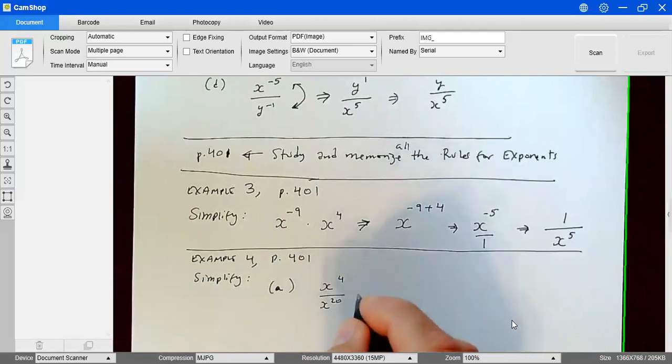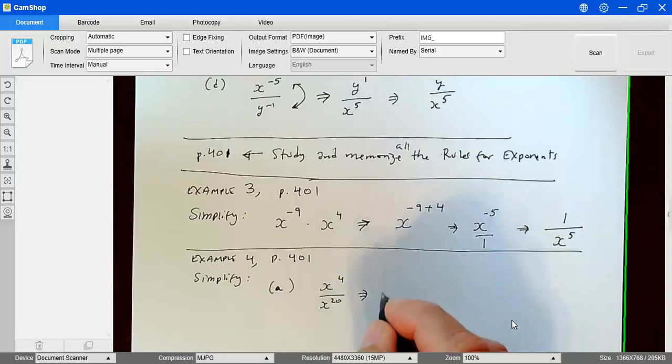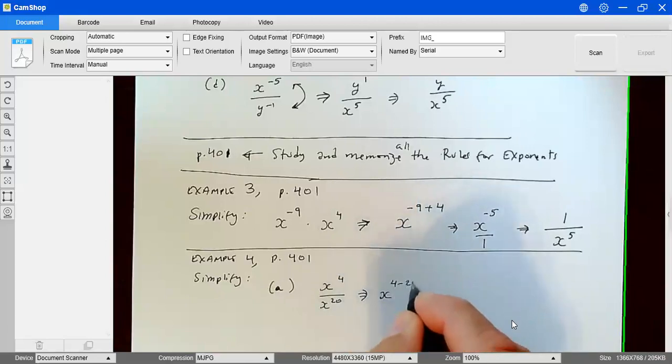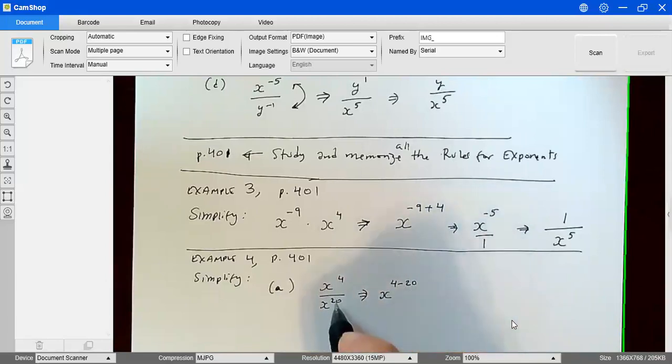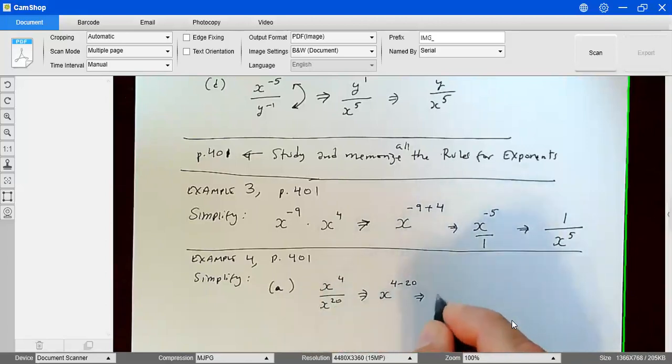So we know the rule when we have a fraction or quotient. So we're going to write x to the 4 minus 20. So we subtract the exponent in the denominator from the exponent in the numerator. Then the answer is going to be x to the negative 16.